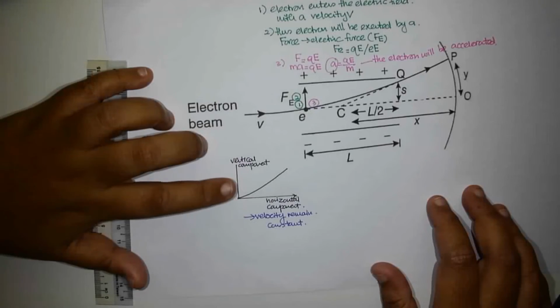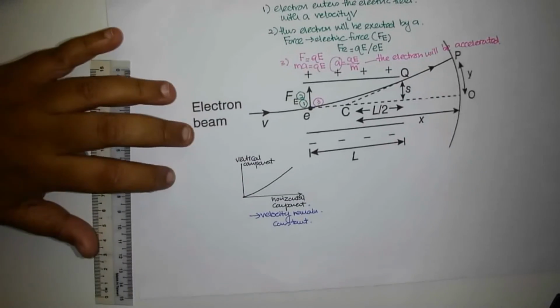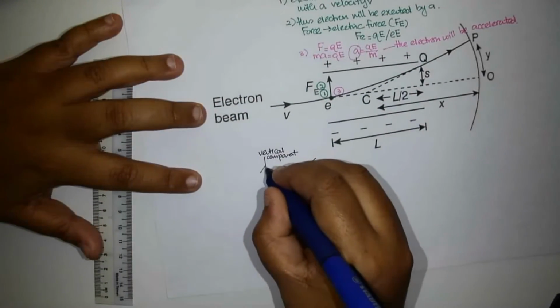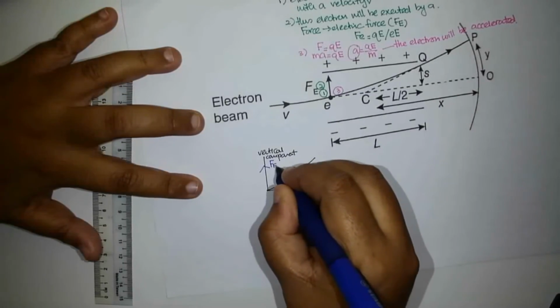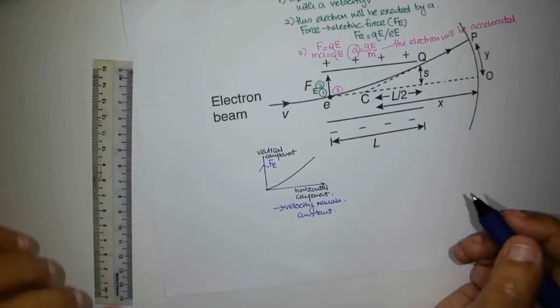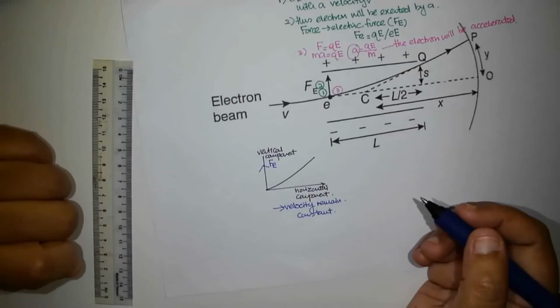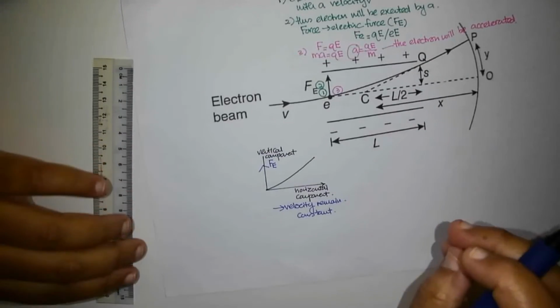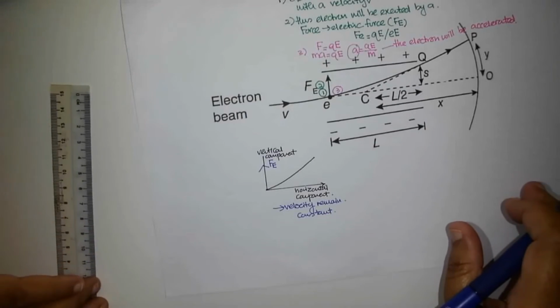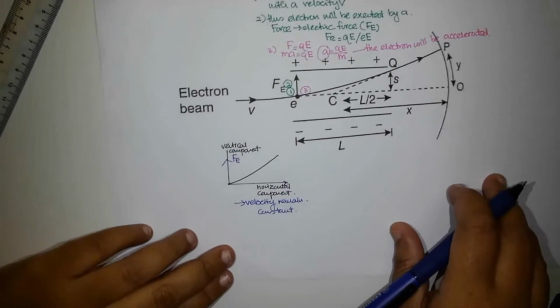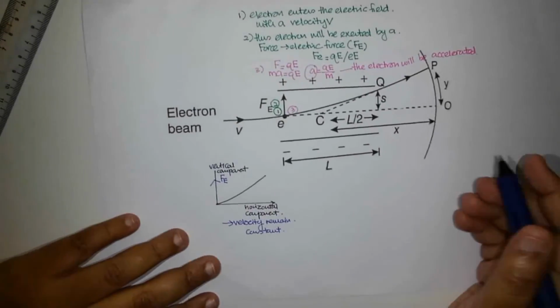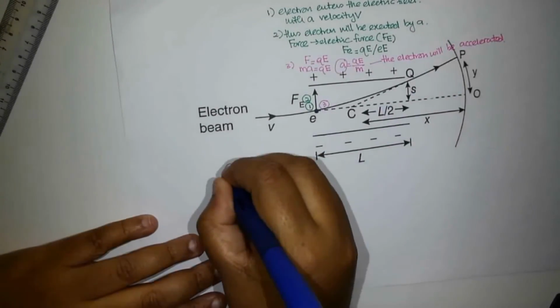Because the vertical component is affected by the force Fe. So the vertical velocity will be changing. That is number 3.